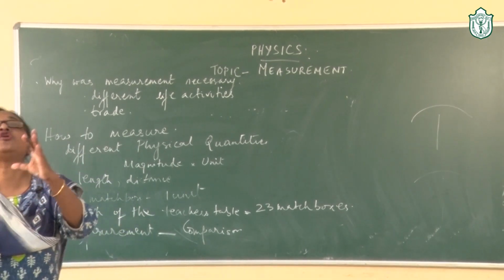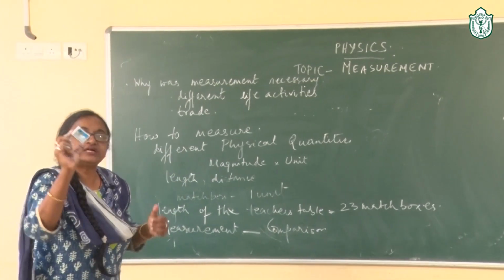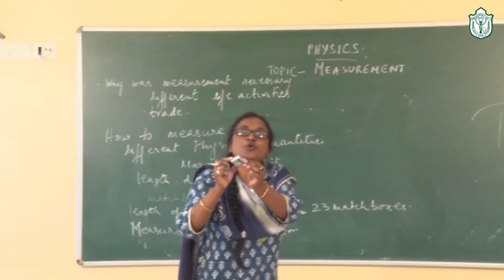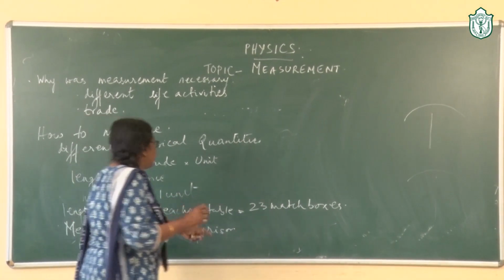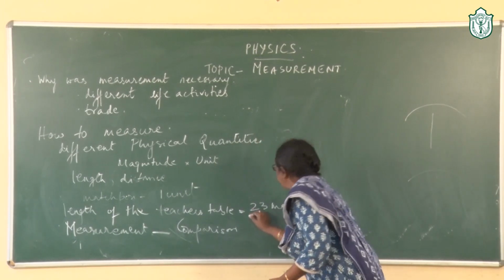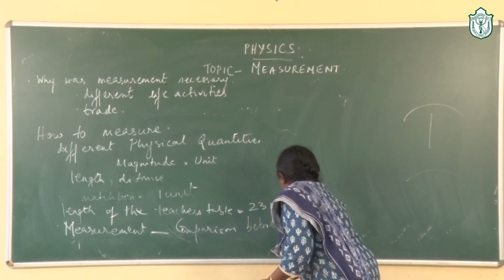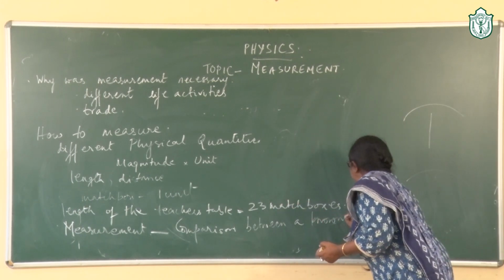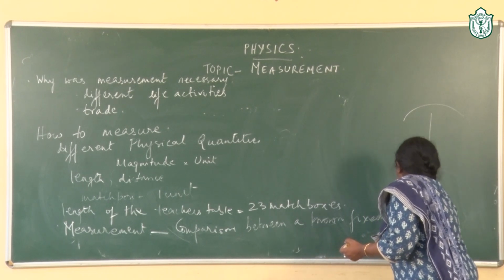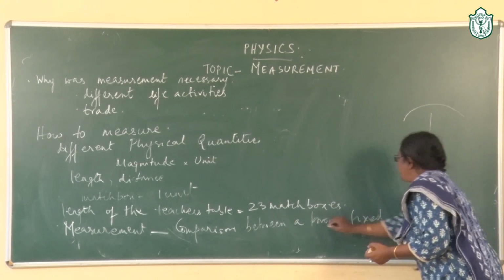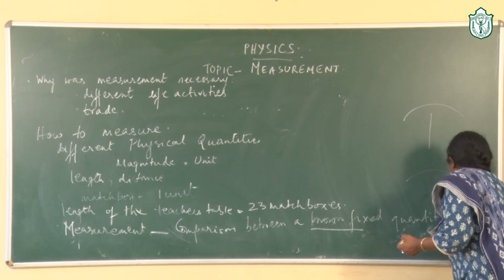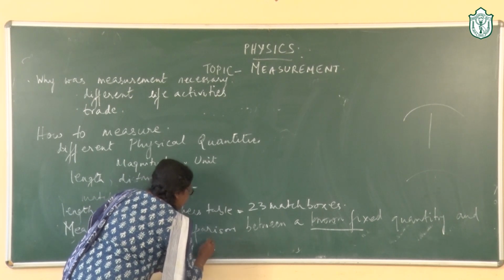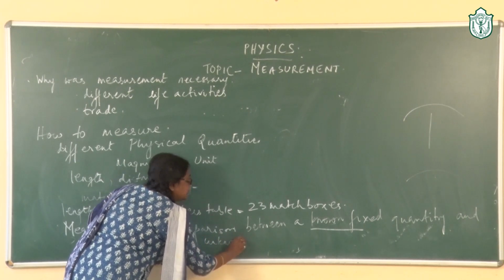Of course, it is different from another matchbox. So, considering this matchbox, this is the known fixed quantity. So, measurement is comparison between a known fixed quantity and an unknown quantity.